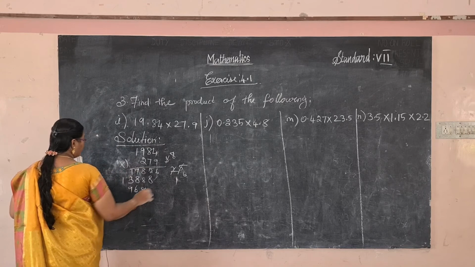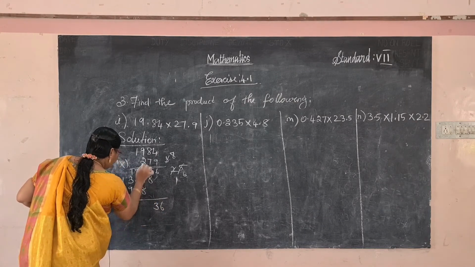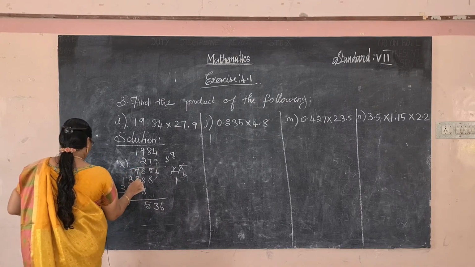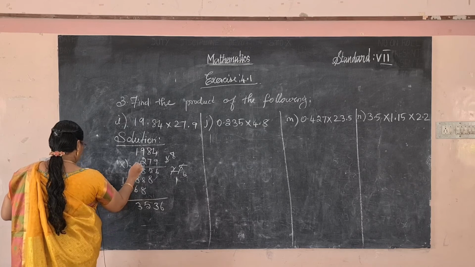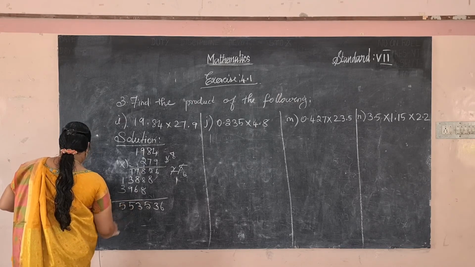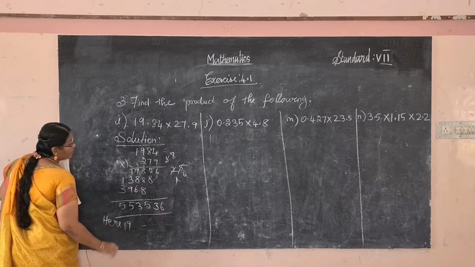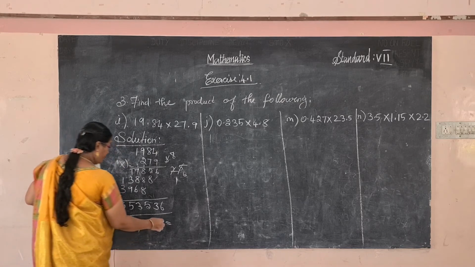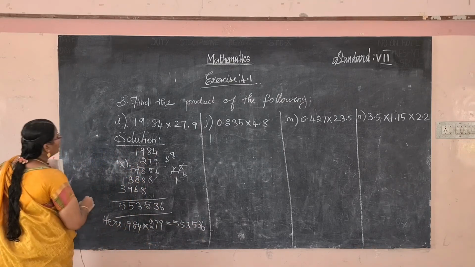Remaining 1. 2 1s are 2. 2 plus 1, 3. 6, 13. 24 plus 1, 25. 10, 17, 23. 15. 9,984 into 279 is equal to 553,536.